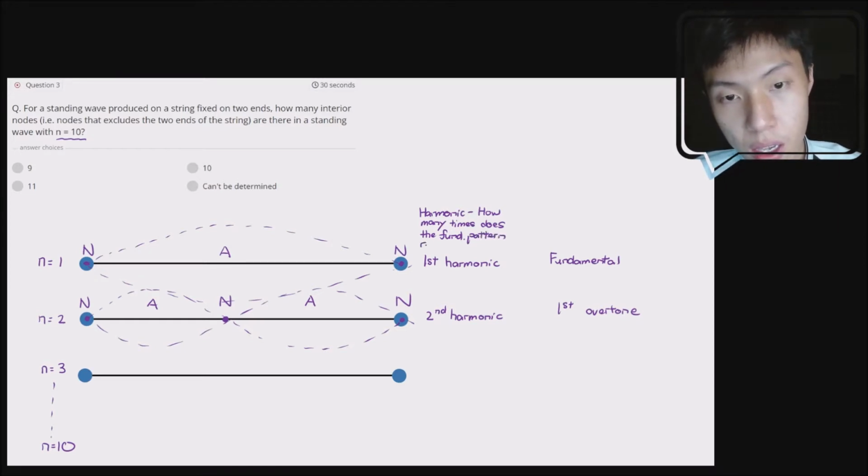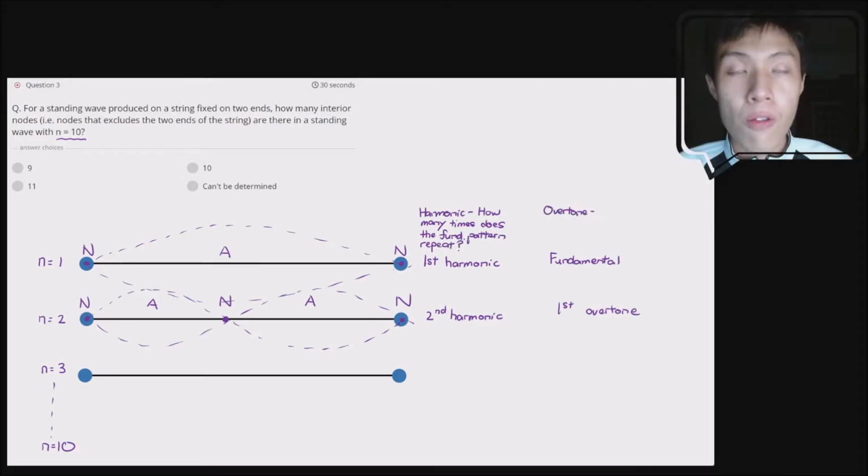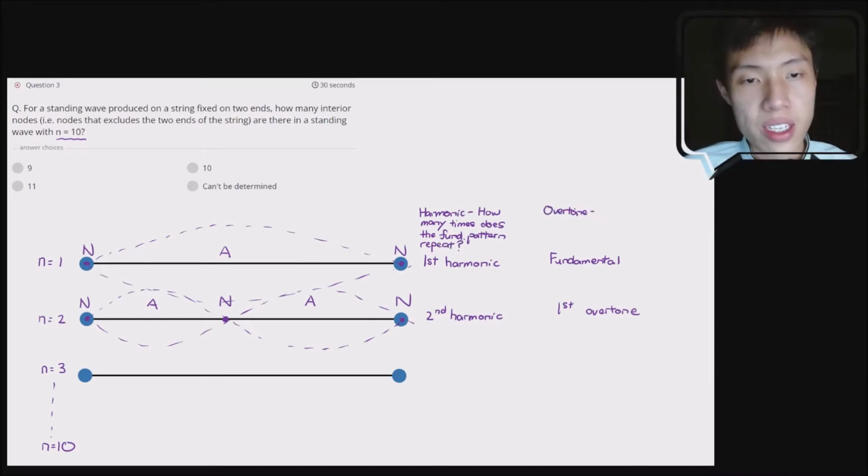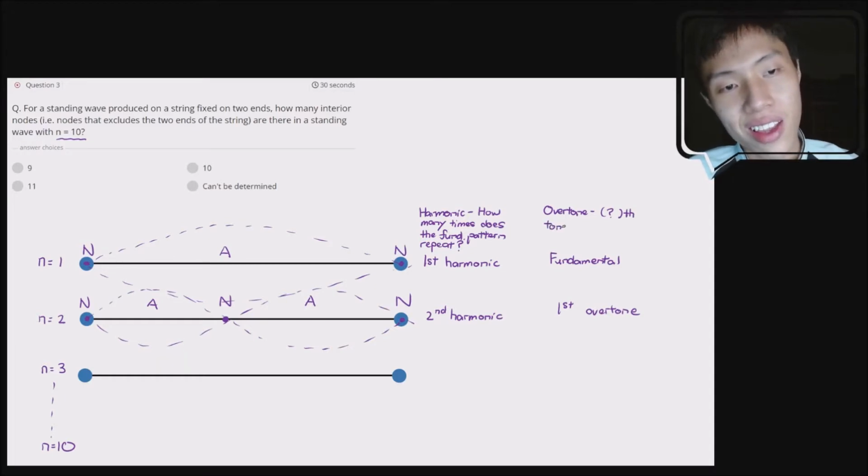Okay, for overtone you can think of it as how many tones after the fundamental tone.